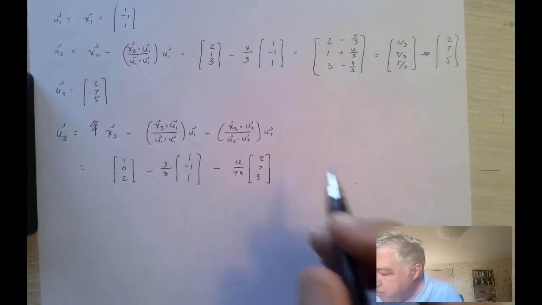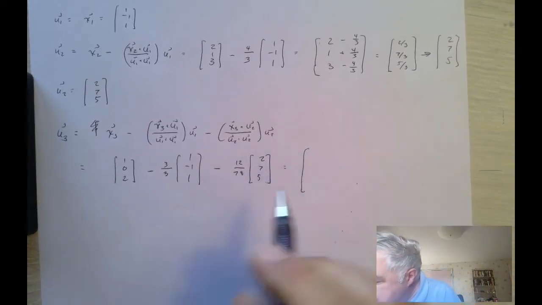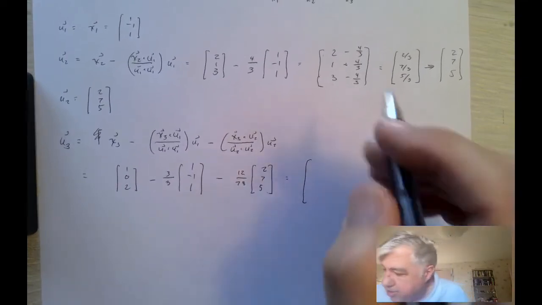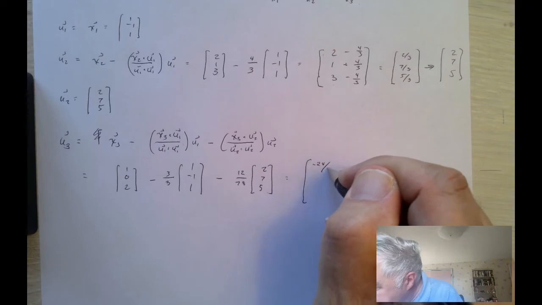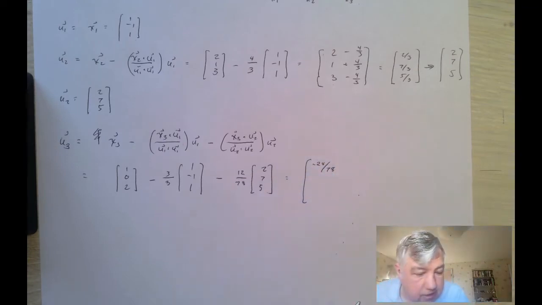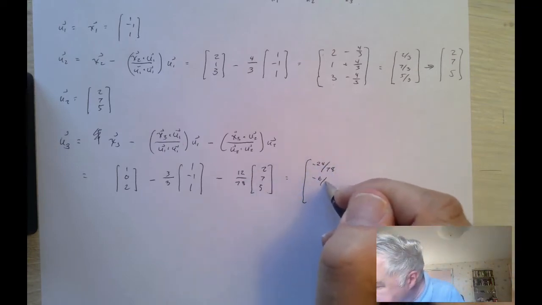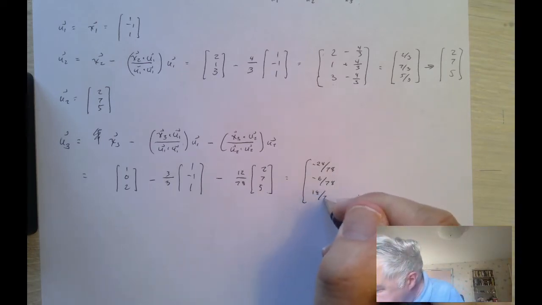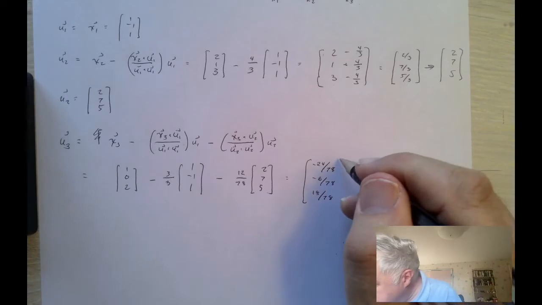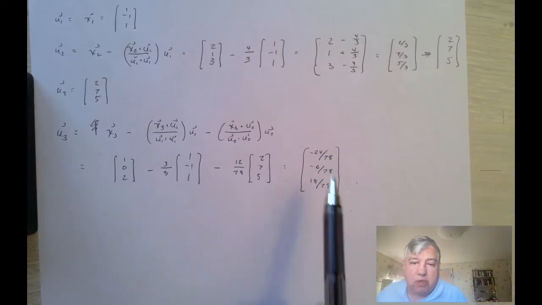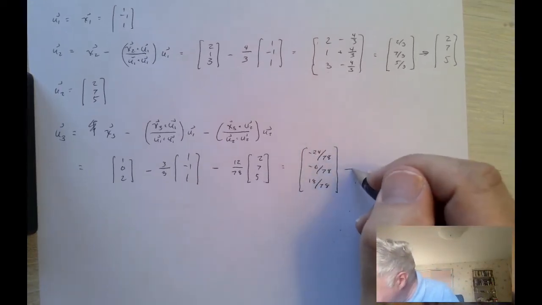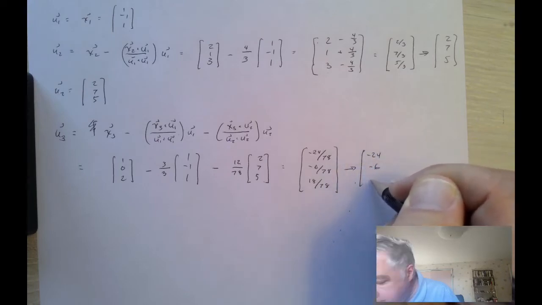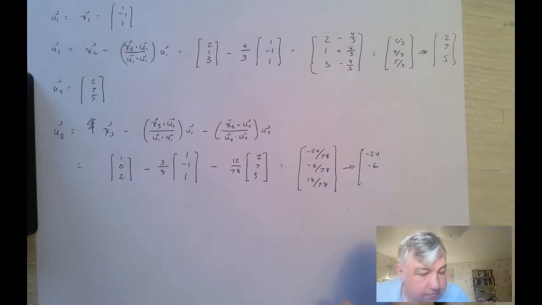What I did is, if you work through this, obviously your common denominator is going to have to be 78, and I get negative 24 over 78, negative 6 over 78, and 18 over 78. And you can multiply everything by 78, and you get negative 24, negative 6, 18.